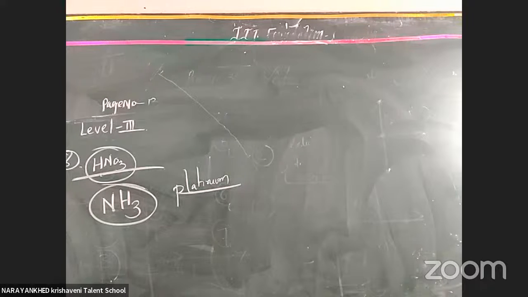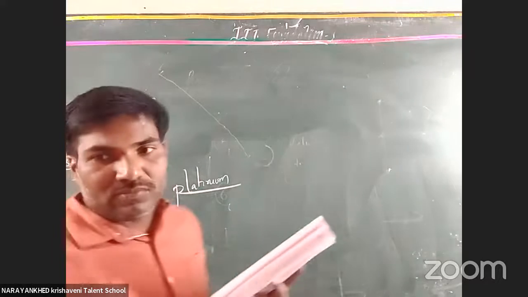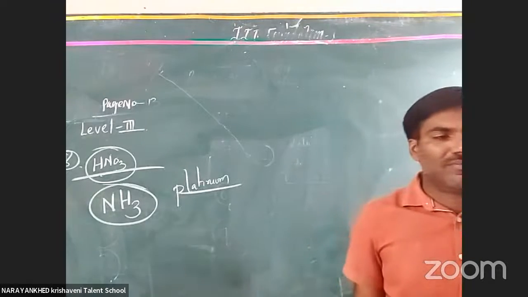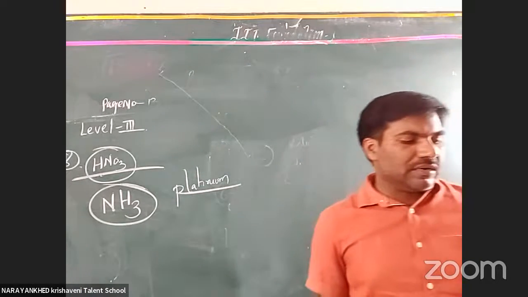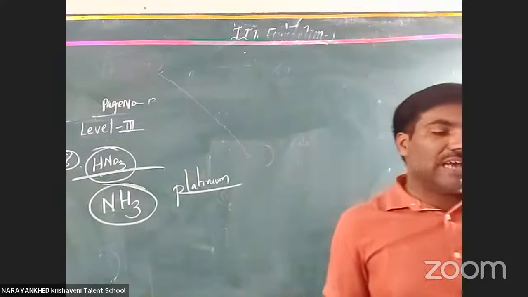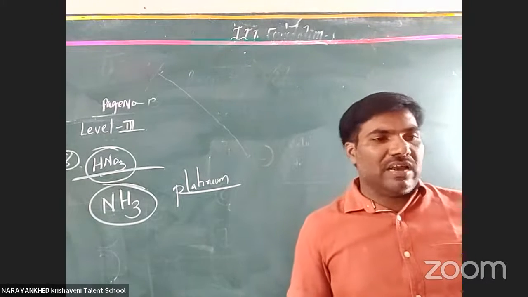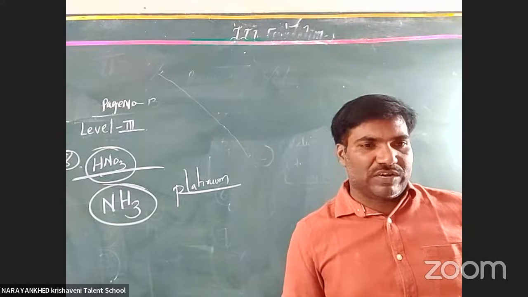The concentration of the gases increases. Decreasing the concentration of the gases is not correct; the concentration of the gases increases. The best example, which we already discussed, is the greenhouse effect.